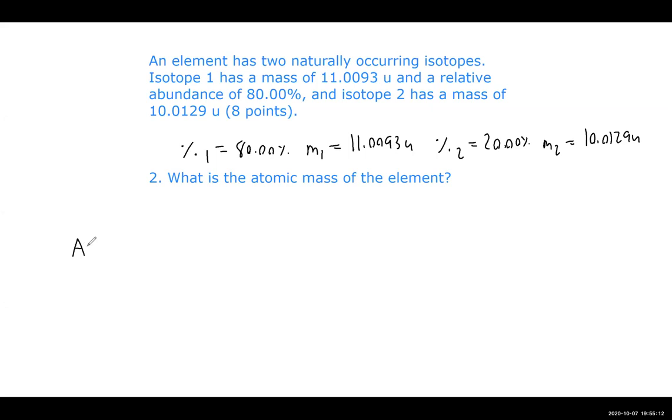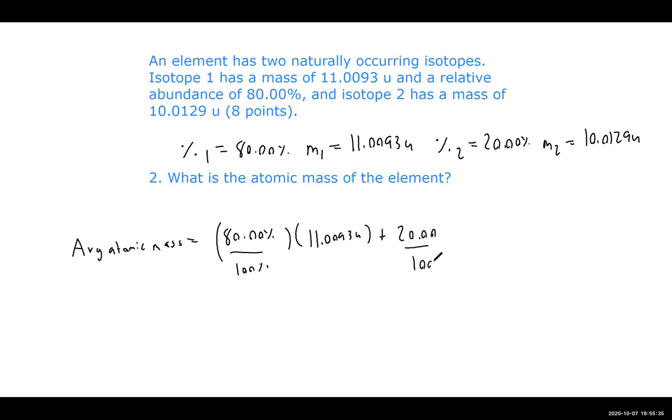So if we want to calculate the average atomic mass, we take the percentage of isotope 1 over 100% times the mass of isotope 1, plus the percentage of isotope 2 over 100% times the mass of isotope 2.